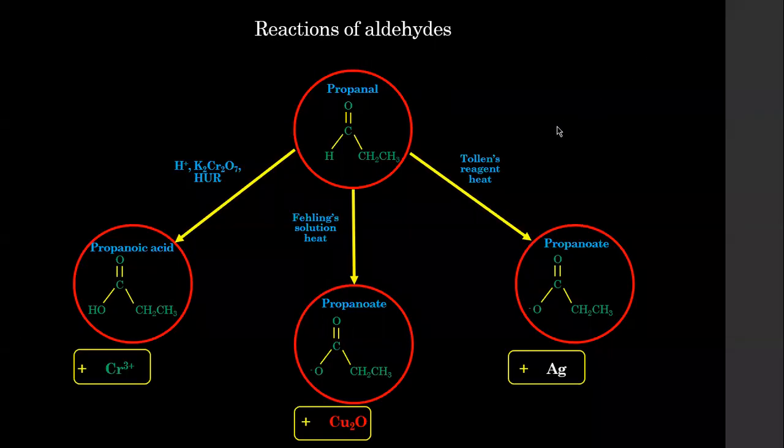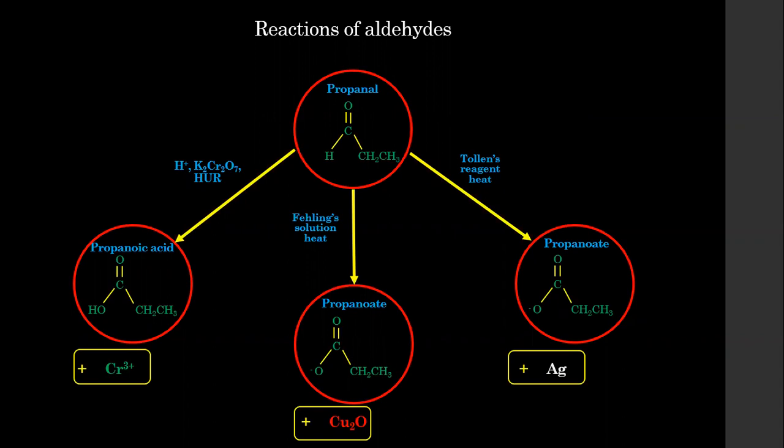Now, remember guys, it's very important that these reactions often come in your exam papers. So that is a very, very strong suggestion that I would like to make here. Study these reactions well. Learn how to write reactant and product structures.